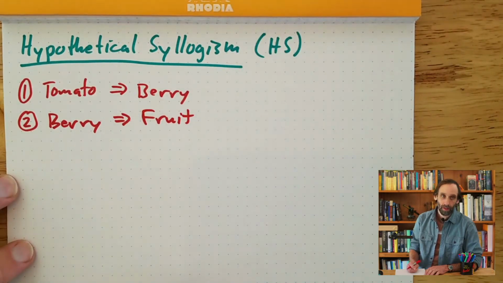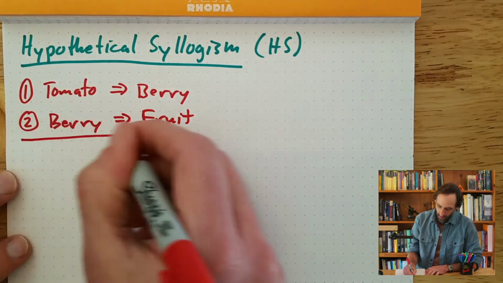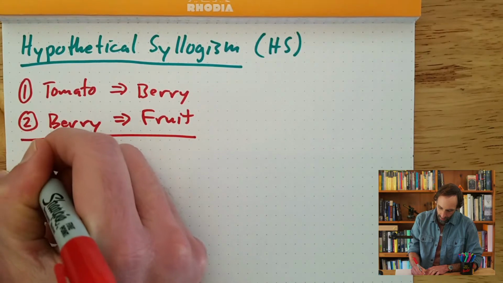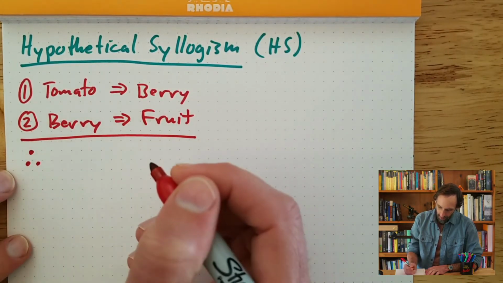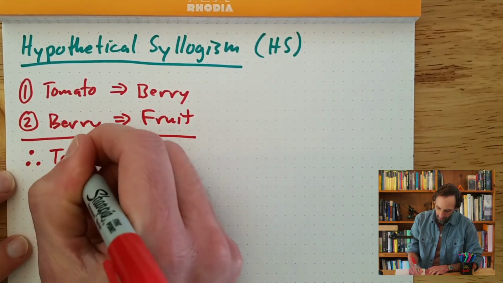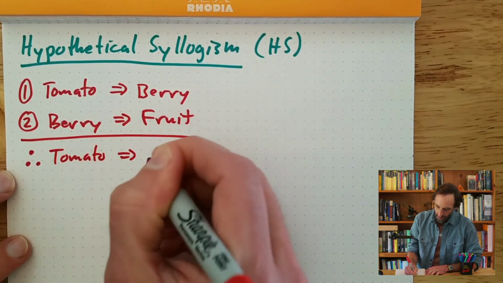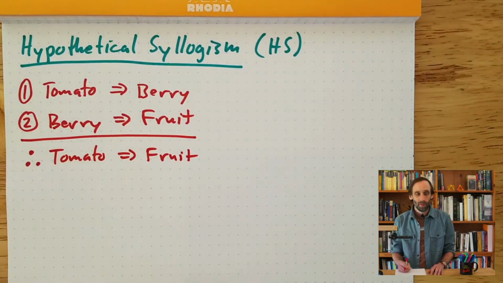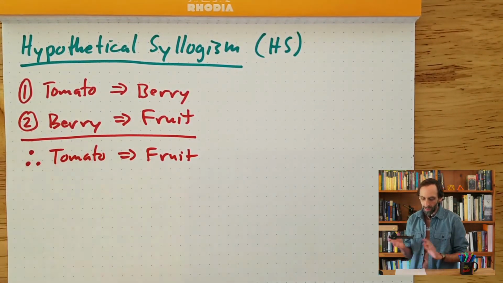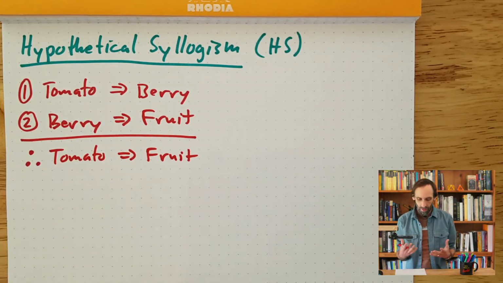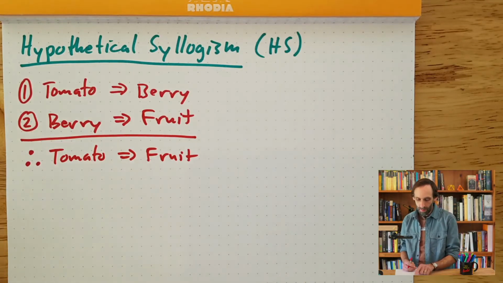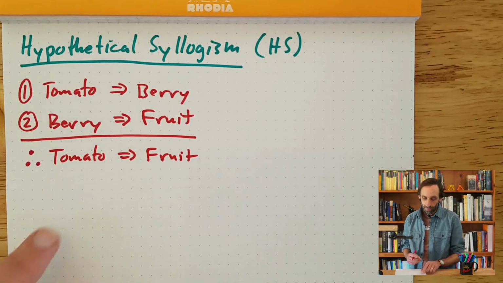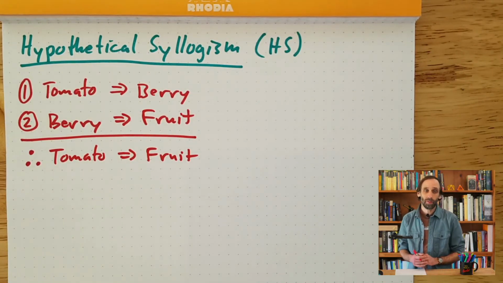Well, based on the hypothetical syllogism structure, we can conclude, therefore, that a tomato is a fruit, which some people take issue with because they think of a tomato as a vegetable. And nutritionists actually do consider tomatoes to be vegetables, but if you talk to a botanist, they will tell you, no, a tomato is a berry and a berry is a fruit. Therefore, a tomato is in fact a fruit.